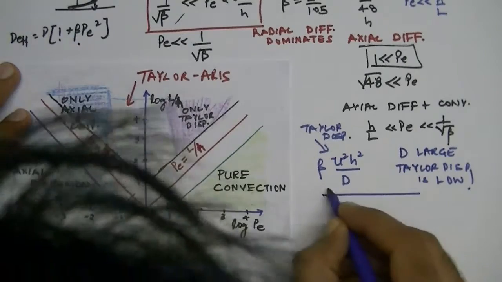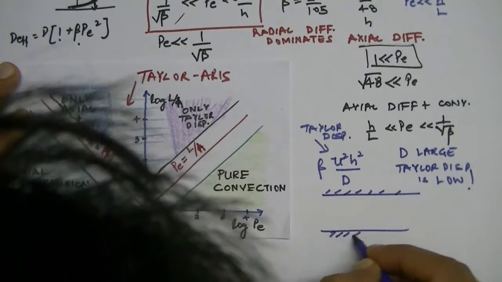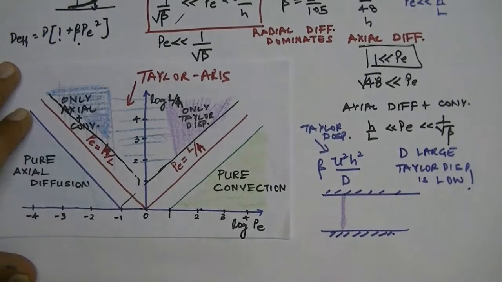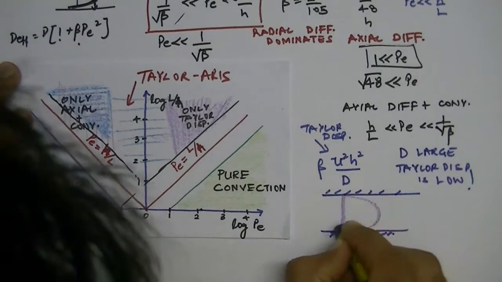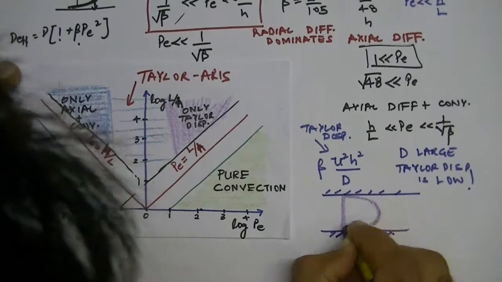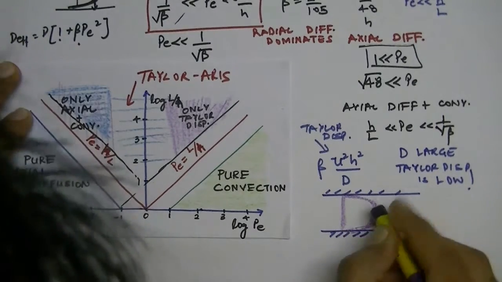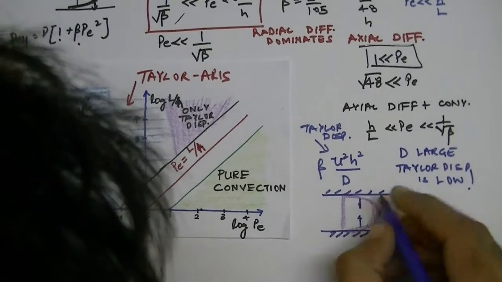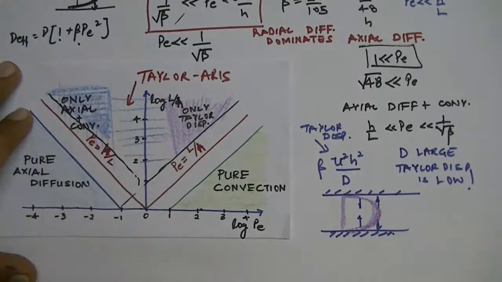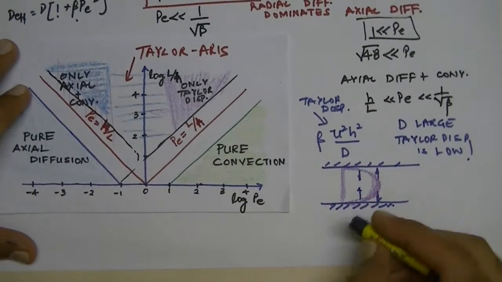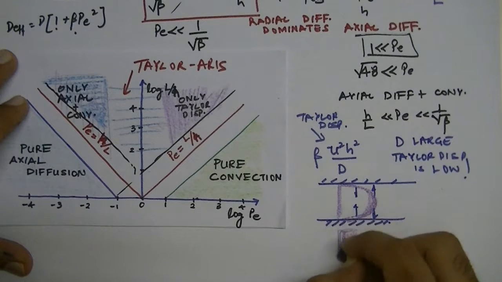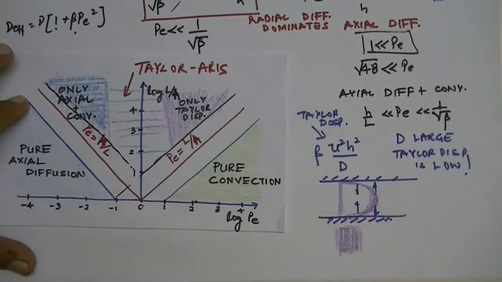So recall how this term comes into the picture: we initially had this band which was deformed by convection, and then due to radial diffusion eventually we got a uniform concentration along the vertical direction.